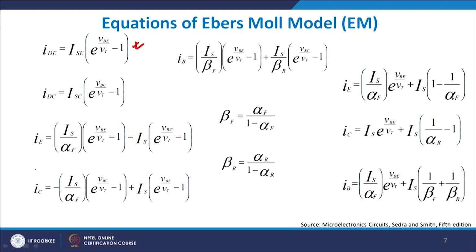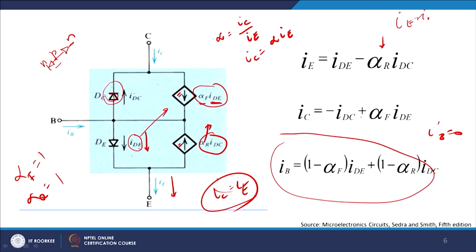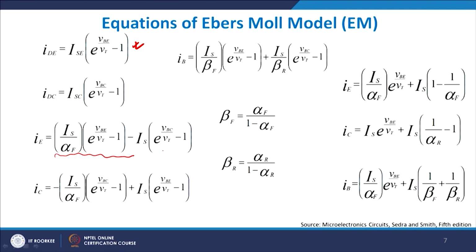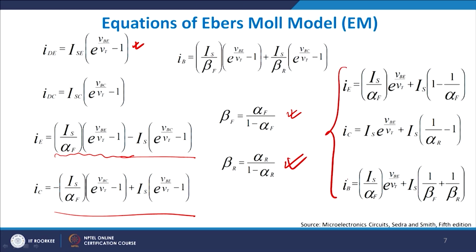Then IE, if you look very closely, is basically IDE minus this, and we get beta F, the forward gain, and beta R, the reverse gain, and from these equations the values of IE, IB and IC.